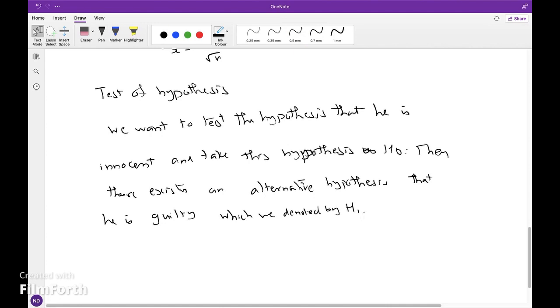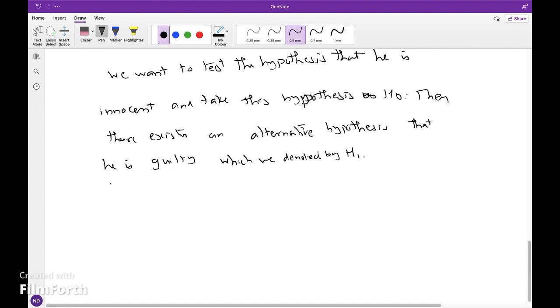In the analysis of the case, there are four possible types. The first two correspond to the case where H0 is true, and the last two correspond to the case where H1 is true, or H0 is false. Case 1, the person is innocent, that is H0 is true.